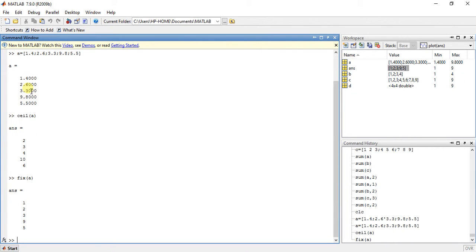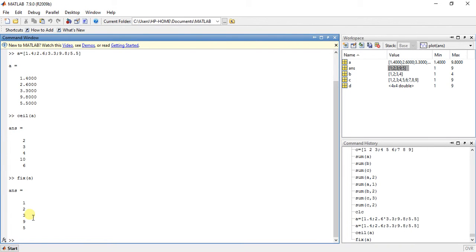It means 1.4 means 1, 2.6 means 2, 3.3 means 3, 9.8 means 9, and 5.5 means 5. Why? Because this will do rounding towards positive infinity and this will do something like negative infinity.